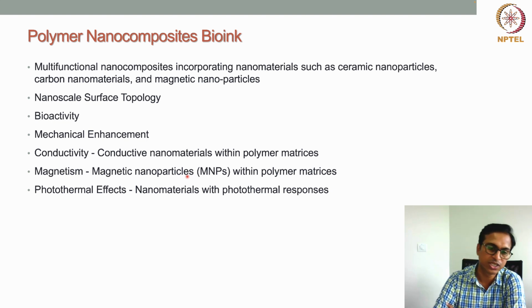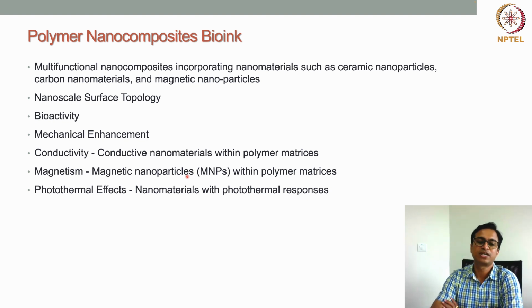When you place a magnet close to it, the magnetic nanoparticles can be arranged in a certain way, and by doing that we can produce different gradients within the structure, and this helps in better tissue regeneration.